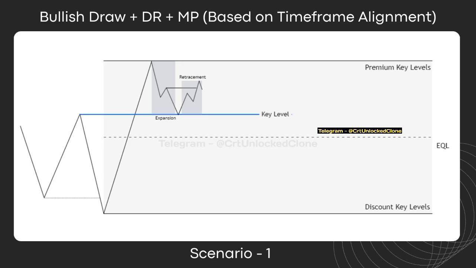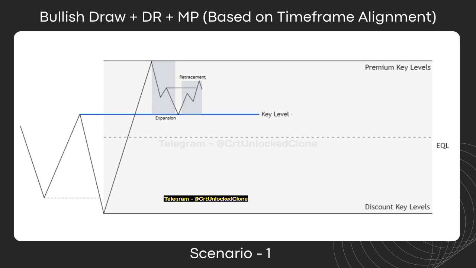Now with these two moves we form this dealing range. Dividing this whole range into two halves gives us a discount and a premium. And there are different key levels inside of this whole range, both in the discount and the premium, and these key levels inside both regions will be classified accordingly. Now remember what I told you before about market profiles and dealing ranges.